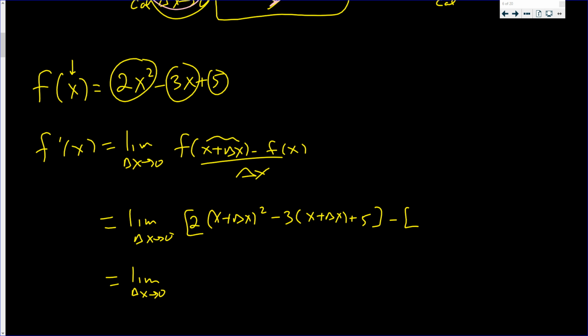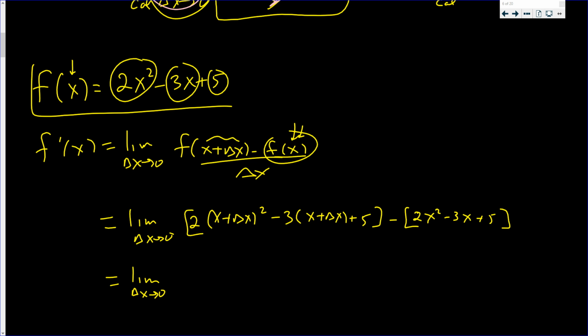Minus, again, you have 2 options here. You can do what's in there, or you can say, I know what f of x is. They told me. It's 2x squared minus 3x plus 5. I guarantee you, everything in here is going to cancel out with stuff in here. So, it's just all algebra.